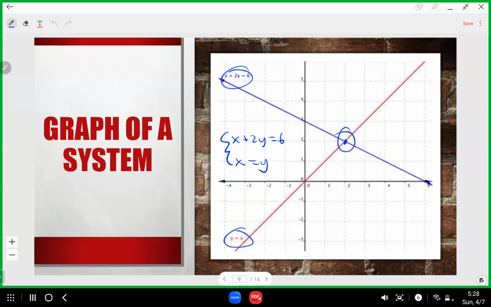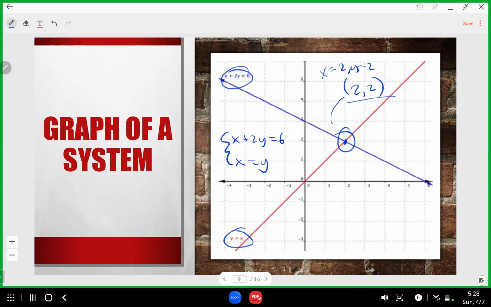By the way, for this first graph, the answer would be just the coordinates of this point, 2, 2. This would be x is equal to 2, y is equal to 2. We usually denote the answers to systems in this coordinate notation.